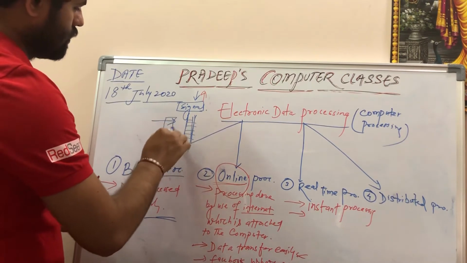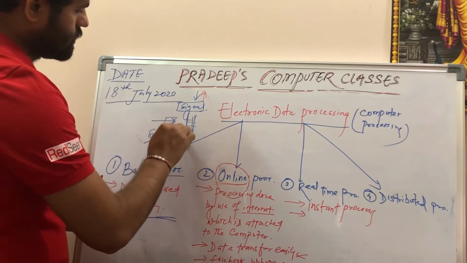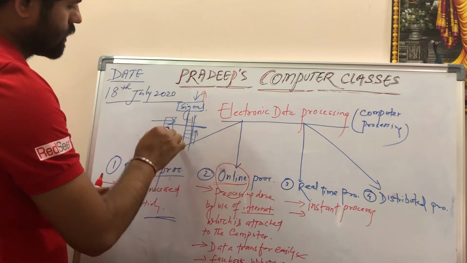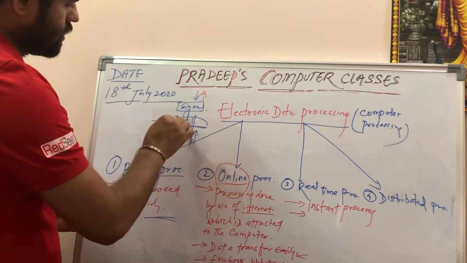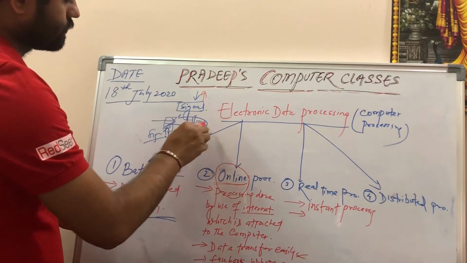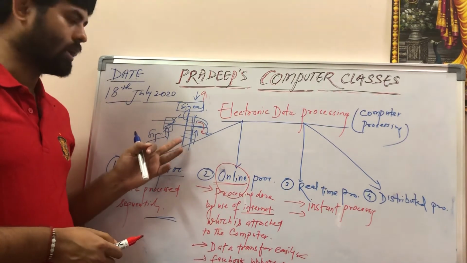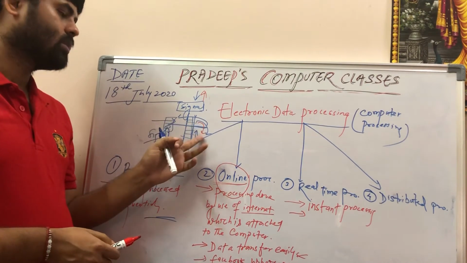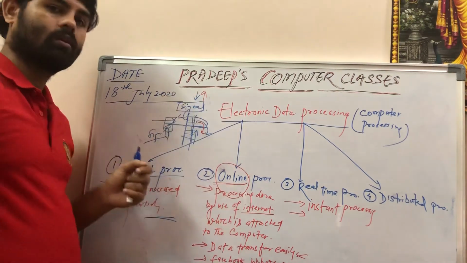Here is a signal block, and from here you can see that the train is coming. One person is standing here, and he is taking the signal up and taking the signal down. That means one train is coming on the railway track, and a signal person is standing here, letting the signal go down, letting the signal go up.